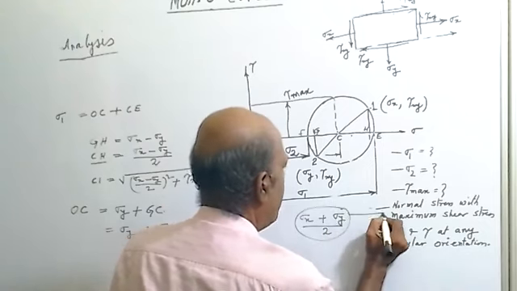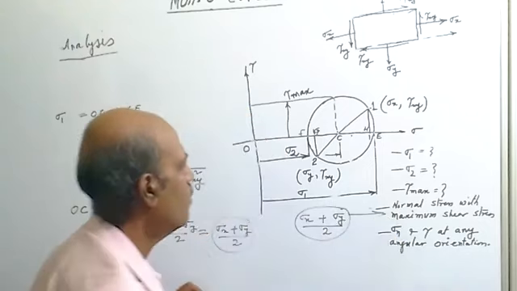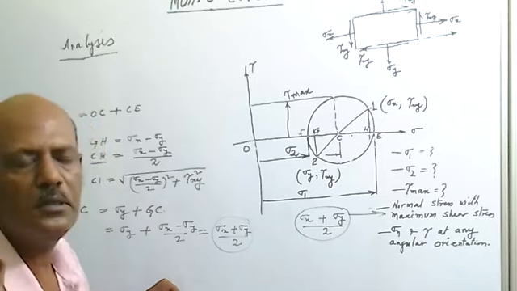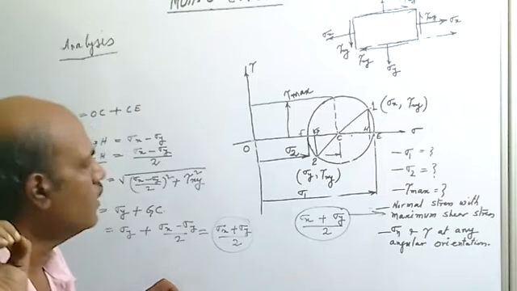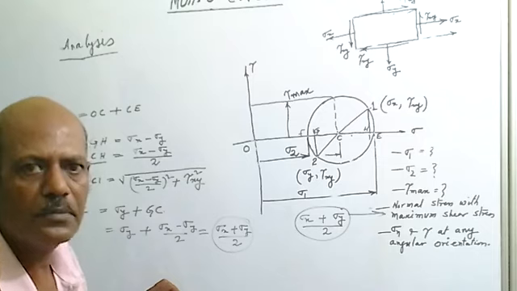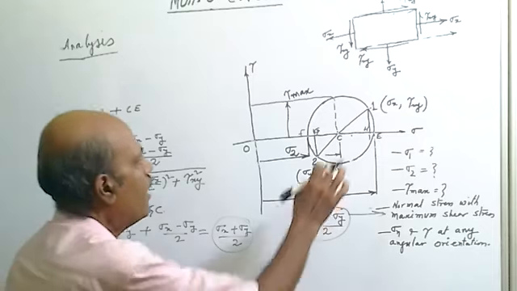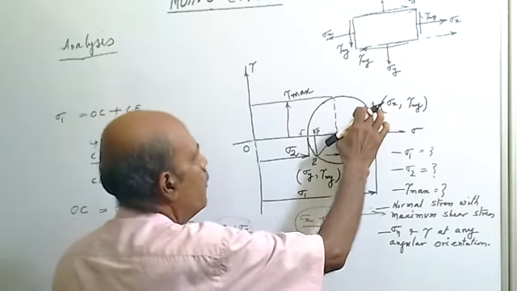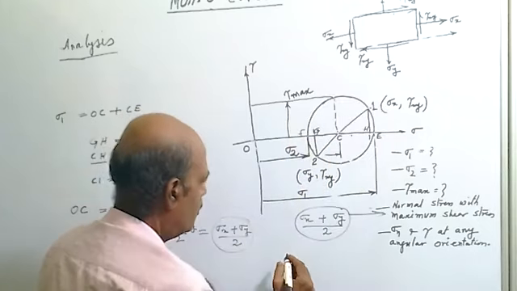That is the normal stress on the maximum shear stress plane, and tau max is given by the radius of the Mohr circle.